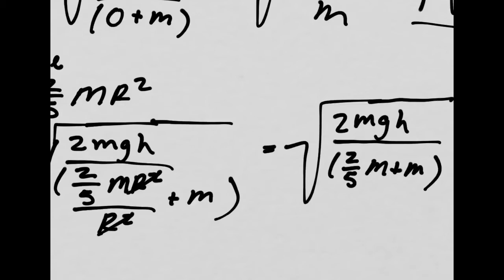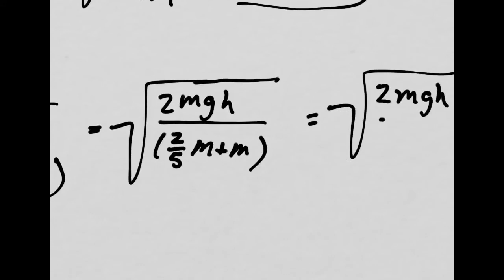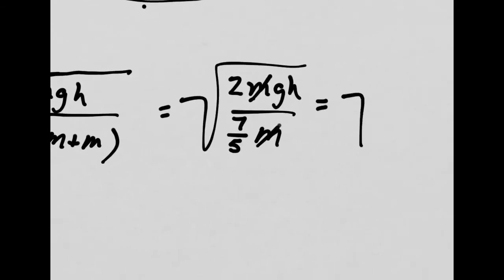And that is the square root of 2mgh over, our numerator stays the same, but 2/5 plus 1 is 7/5 m. So now our m's cancel, and we get the square root of gh times 2 divided by 7/5, which is 5 times 2 over 7.